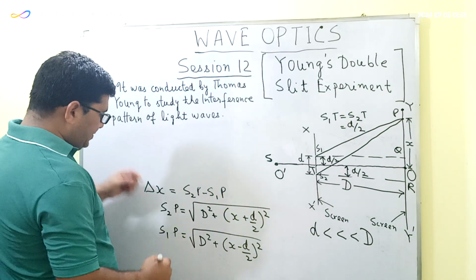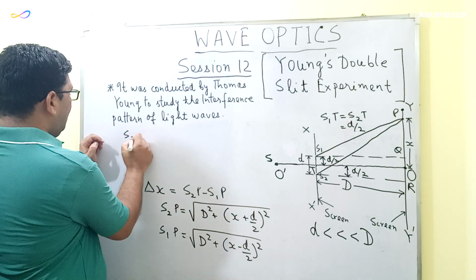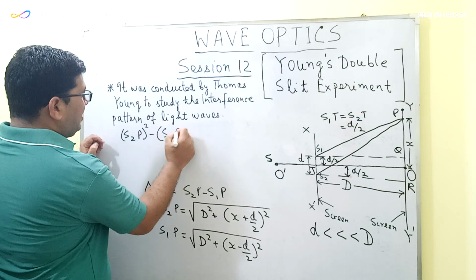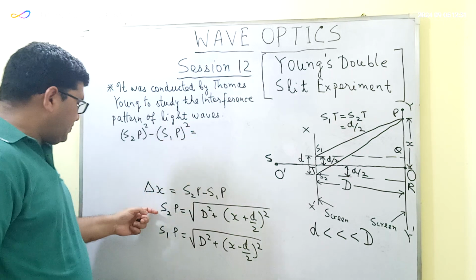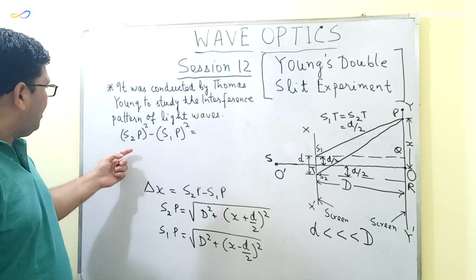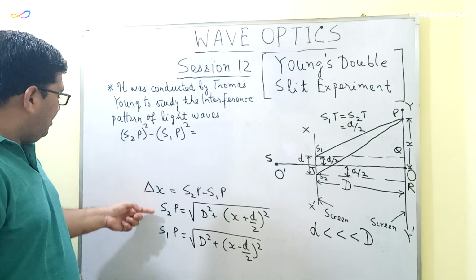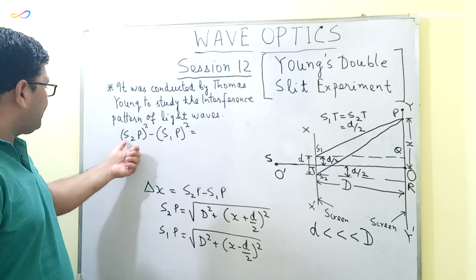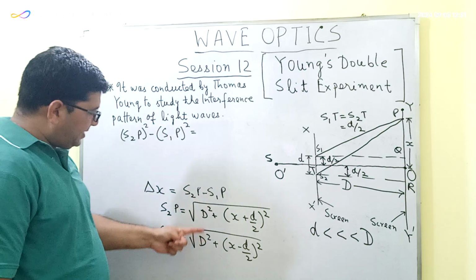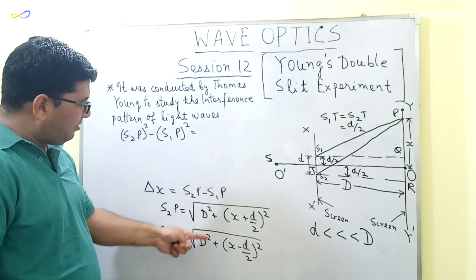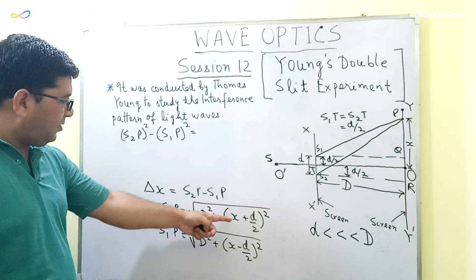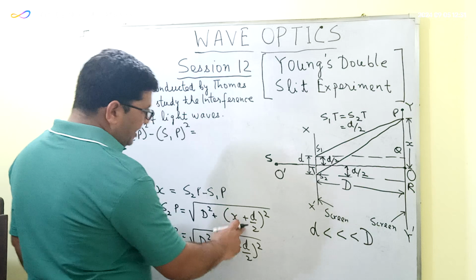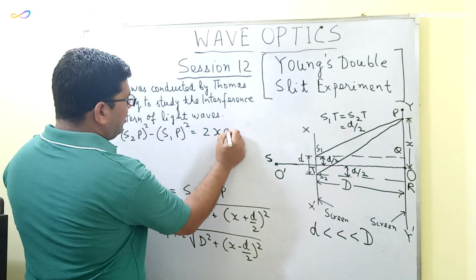From these two equations, I will get S2P square minus S1P square. After squaring these two equations and subtracting S1P square from S2P square, the D square terms get cancelled out, x square and d square upon 4 also get cancelled out, and I am simply left with 2xd.